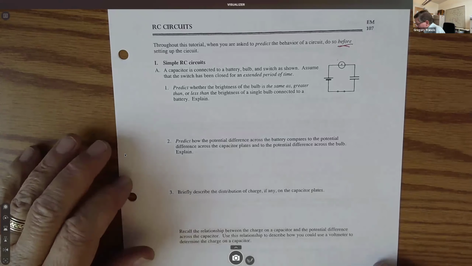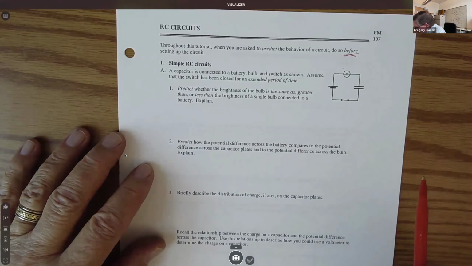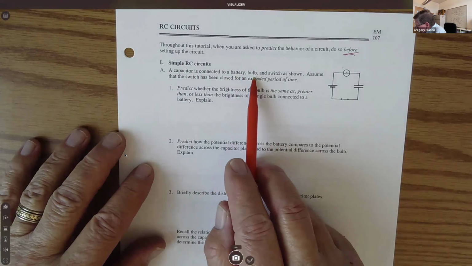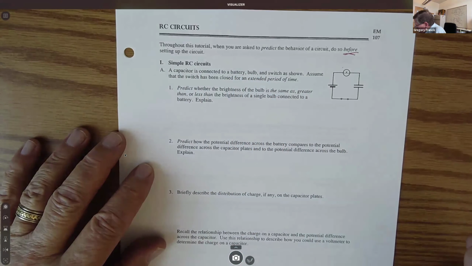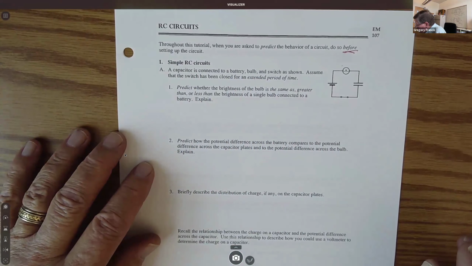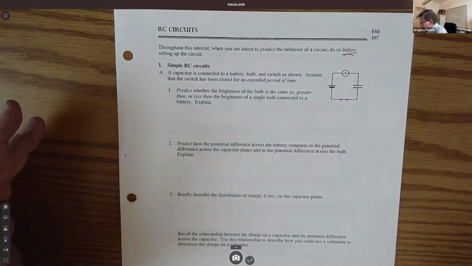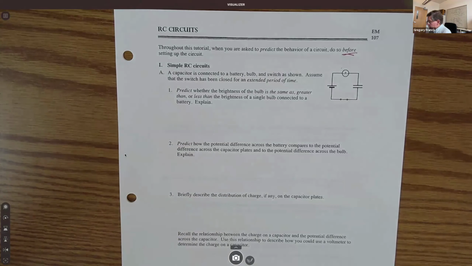So let's go ahead. Simple RC circuit. A capacitor is connected to a battery, a bulb, and a switch as shown. Assume that the switch has been closed for a long, long time. Now we saw this in lecture. When you first close the switch, that bulb is bright.